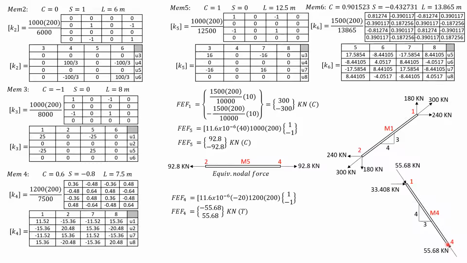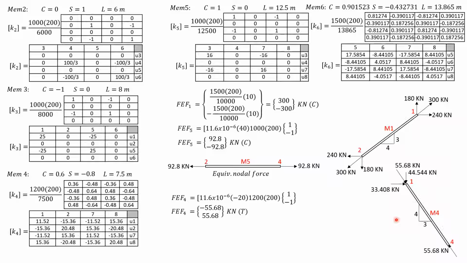Whatever is the force acting on that pin, it doesn't matter because it cannot move that pin. So only 1, because 1 will move, will be displaced. So the equivalent Y component of the nodal force at 1 due to temperature reduction of member 4 is negative and it is downward, 55.68 times 4 over 5, that's 44.544 downward.